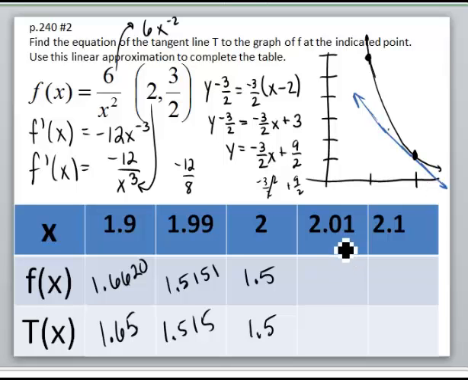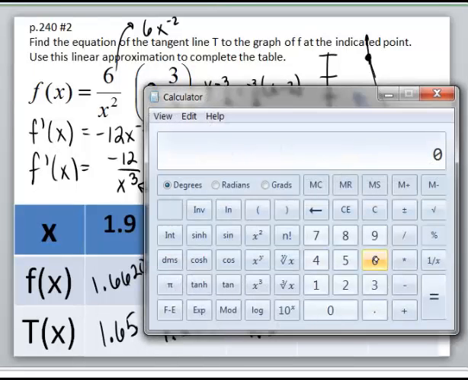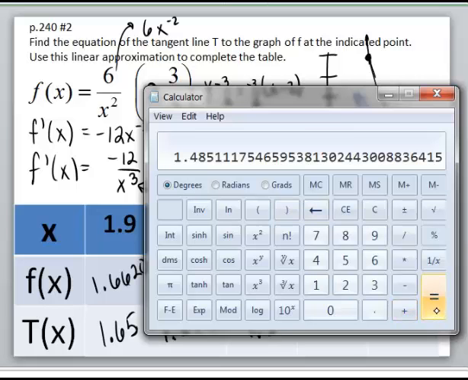And so when I plug in 2.01 into, first of all, this function up here, I get 6 divided by 2.01 times 2.01. That equals 1.4851.